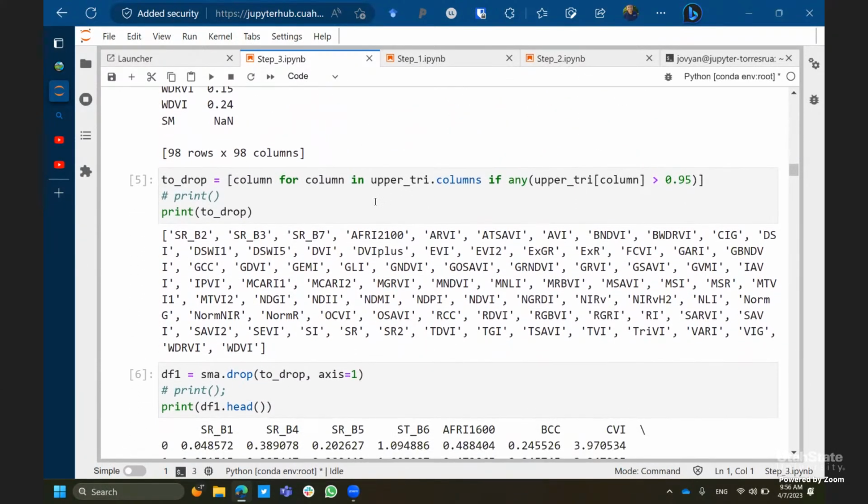Now, here is the decision I need to make. In this new matrix that I have, I need to put a constraint. What is the minimum level of correlation between two variables at which I decide they are highly correlated or not?